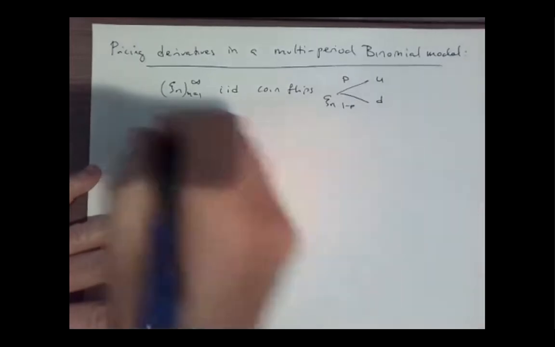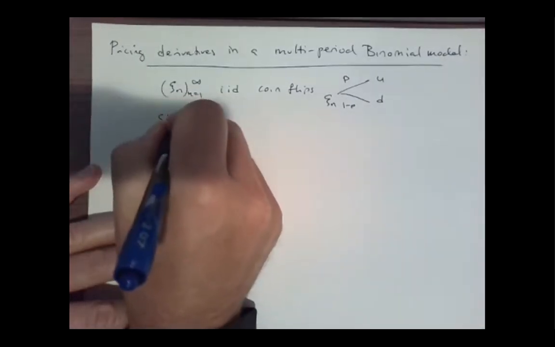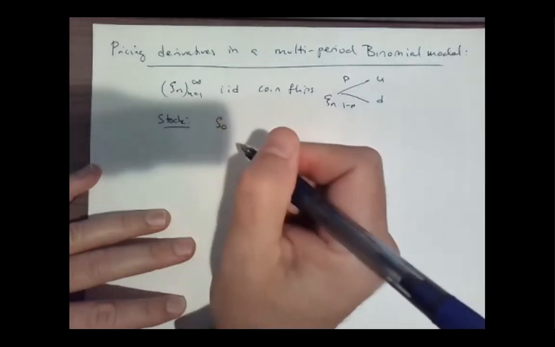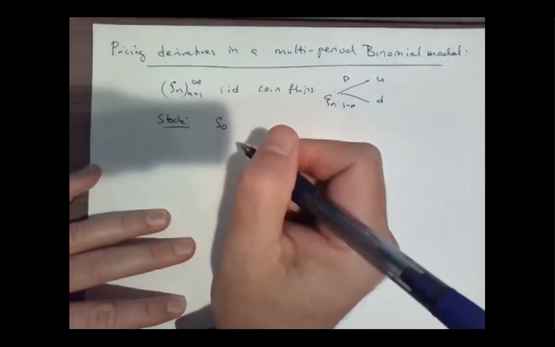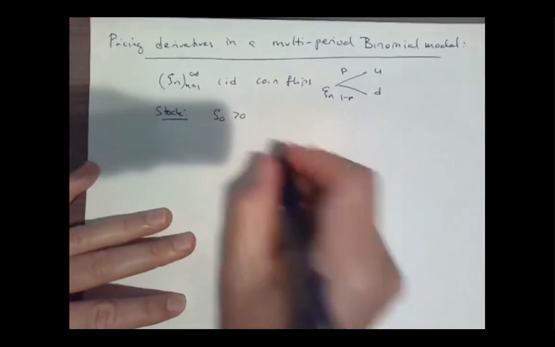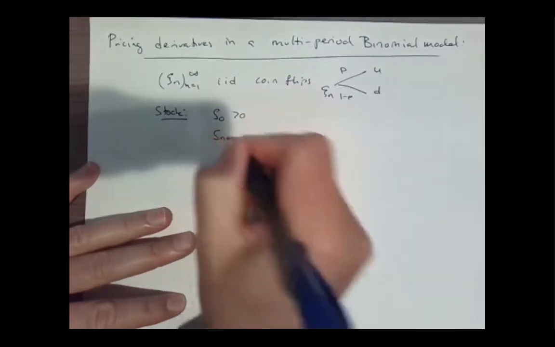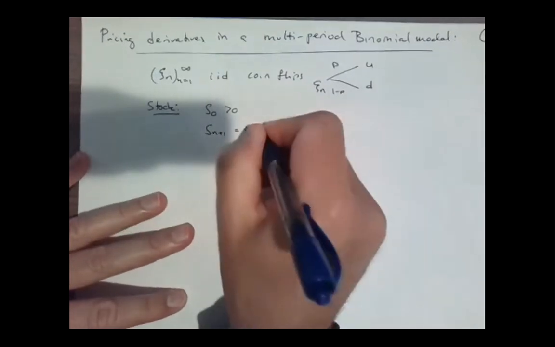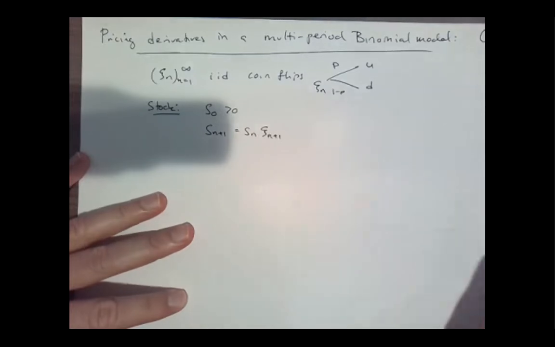And then you create the stock. The stock is given by an initial value, I'm going to say it's positive. And then we define it recursively by saying that the next stock price is given as the previous one times the outcome.